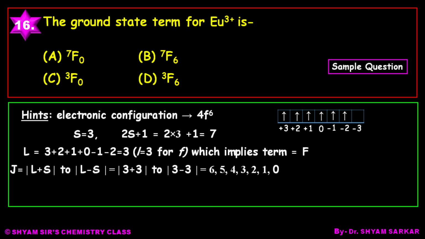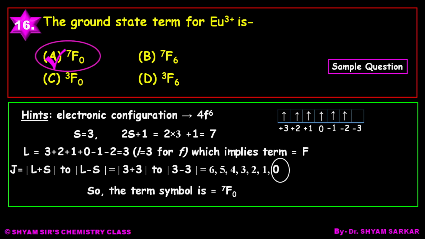Among these 7 J values, you need to see which one to consider. As I said, here the electronic configuration is 4f6. So the minimum value of J we should consider, because this is a less than half-filled configuration. With the minimum value of J, the term symbol becomes 7F0. That is option A is the correct answer here.